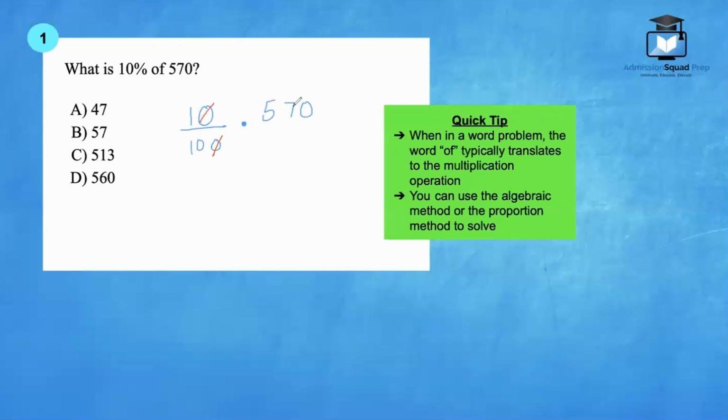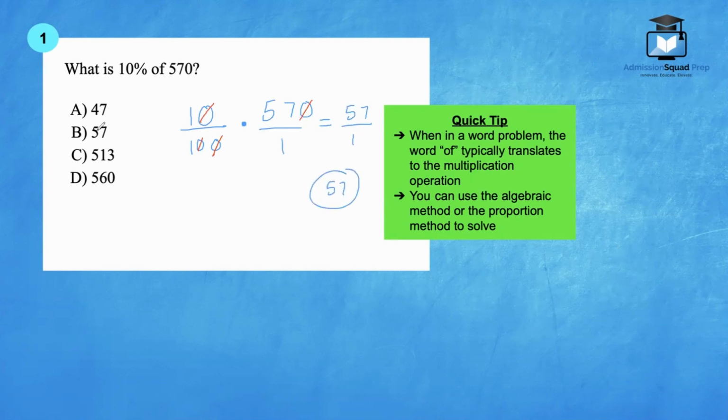We also can divide both 570 and the number 10 by 10. So these zeros will also cancel out. 570 divided by 10 is 57, and 10 divided by 10 is 1. So we are left with 1 times 57 is 57, and 1 times, technically this has a denominator of 1, equals 1. So our final answer here is 57.